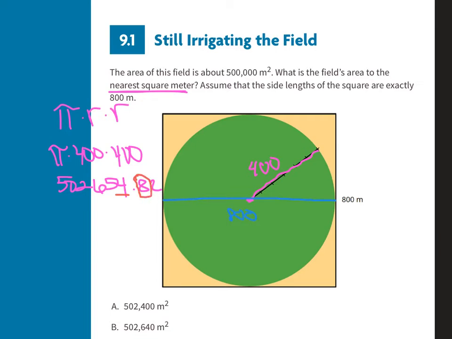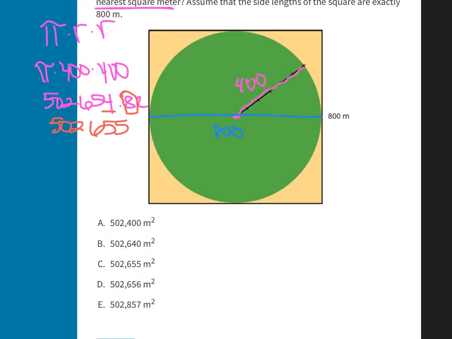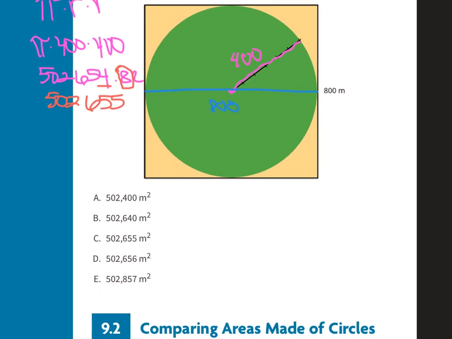It's 0.8. So 4.8 is closer to 5 than it is to 4. So it would be 502,655. So if we look down here, there it is. Letter C, 502,655. Okay? Remember, pi times radius times radius.